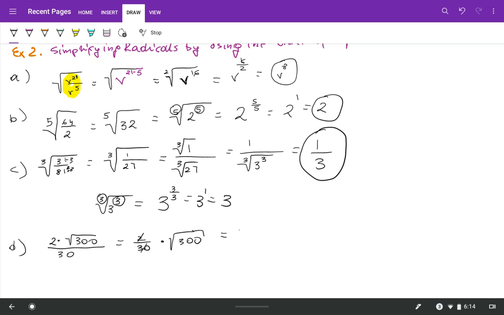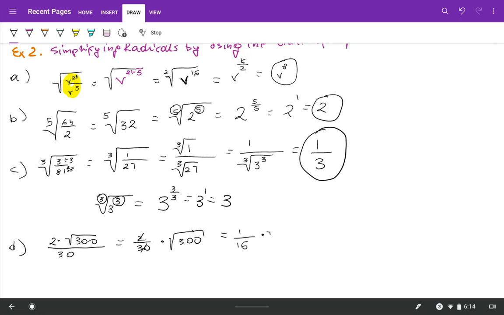So 2 over 30, let's reduce that fraction. So this is 1 over 15. Okay, and then we have square root of 300.